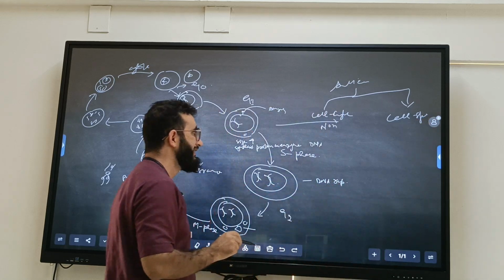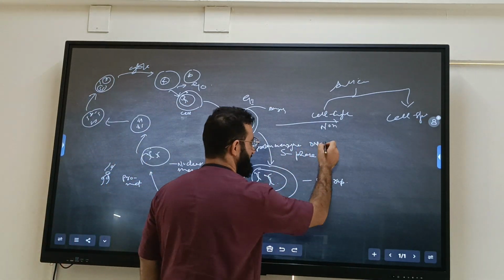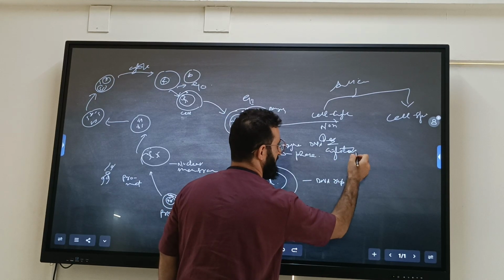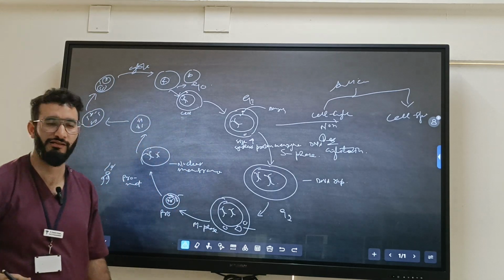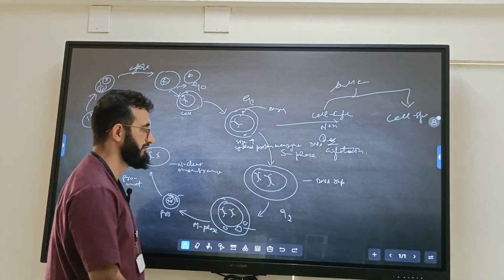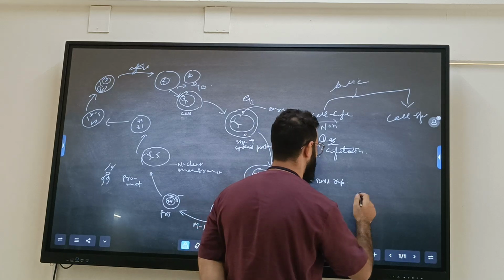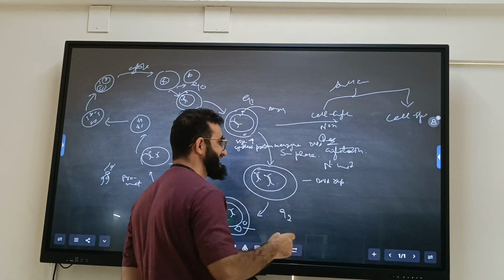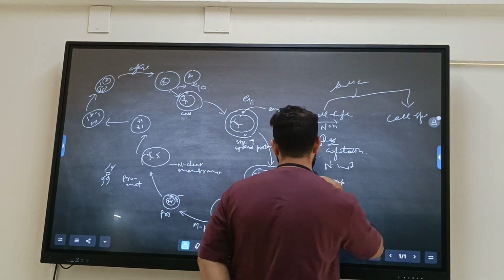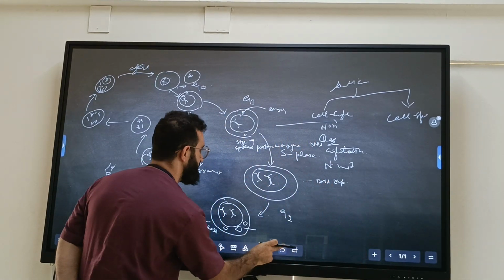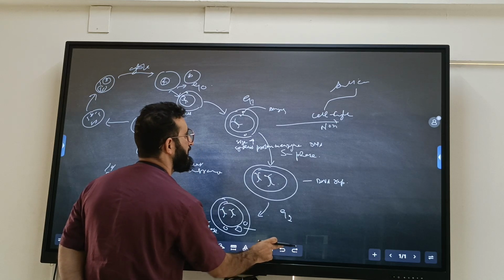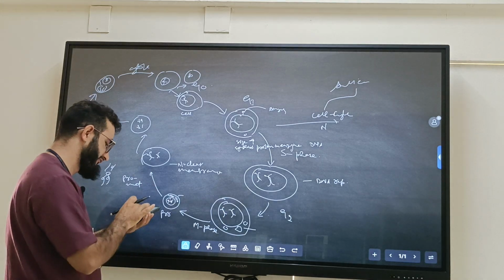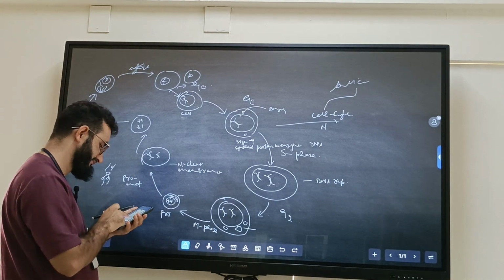The cell cycle non-specific ones are the cytotoxic drugs, like cisplatin, oxaliplatin, and all the nitrogen mustard drugs. In cell cycle specific, we have drugs which act on a specific phase of the cell cycle.